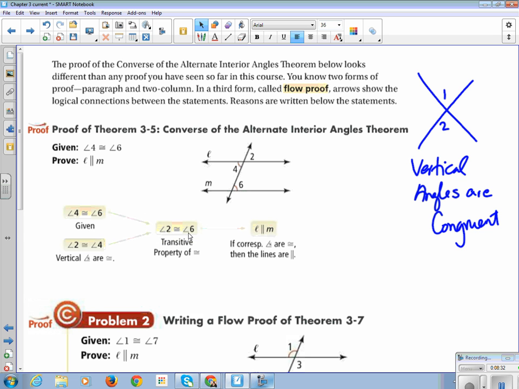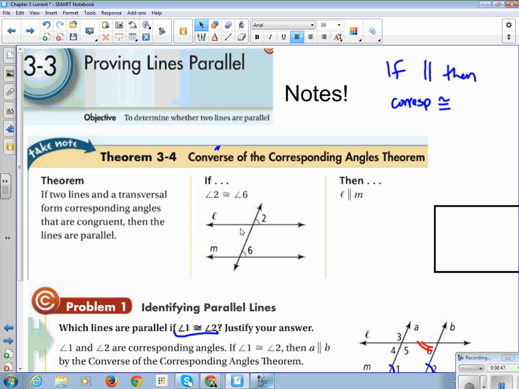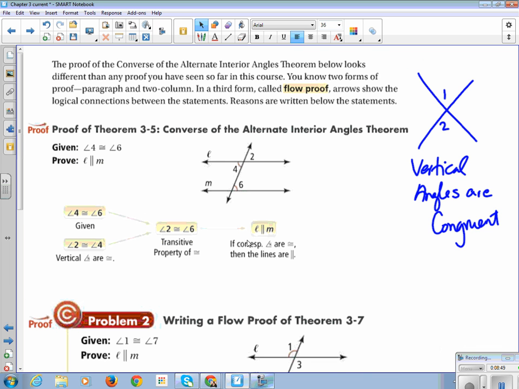We can say angle 2 is congruent to angle 6. If I have 2 and 6 congruent, that leads us back to our previous converse of corresponding angles theorem, where line L is parallel to line M. Because if corresponding angles are congruent, then the lines are parallel.